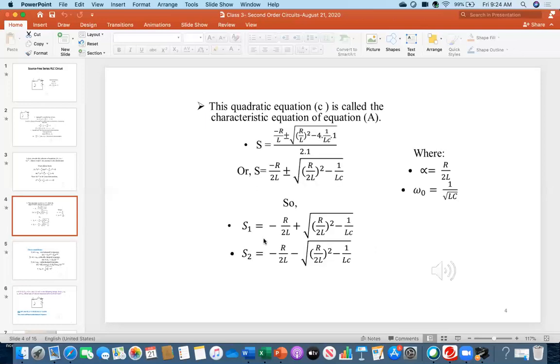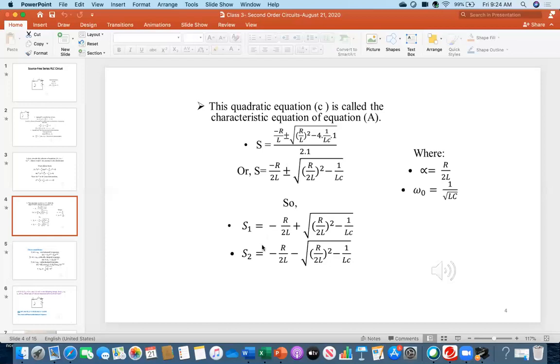Moving forward, as you can see here, there are two values, S1 and S2, with a plus or minus. Now R over 2L might be greater than or smaller than 1 over LC. Accordingly, S1 and S2 could be complex, could be equal, or could be real and unequal.